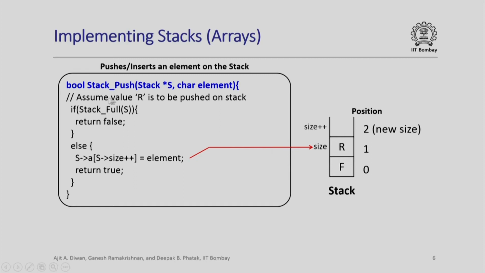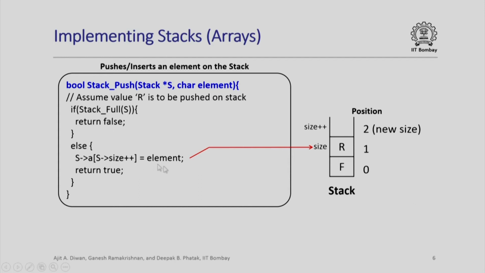The element in question is passed through another parameter. So for example, for pushing, the char element will carry the element that is to be pushed. Imagine that we need to push r on the stack, which already contains f, as we had seen earlier. The implementation is very simple. If stack is full, we simply return false without pushing anything, because nothing can be pushed.